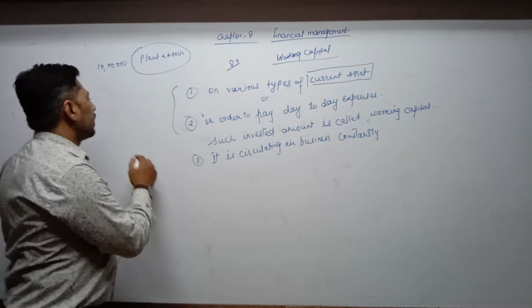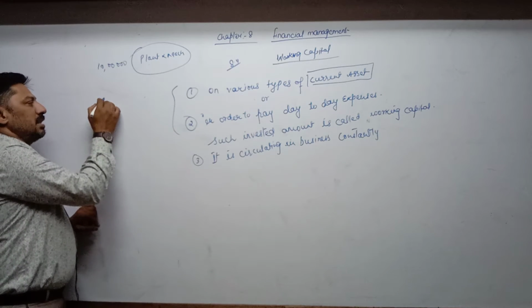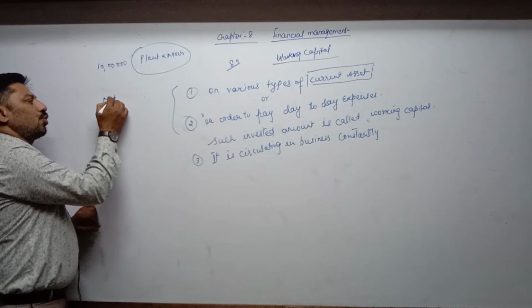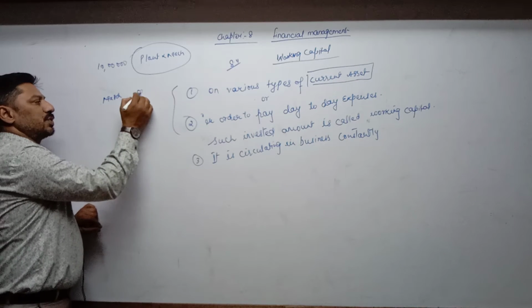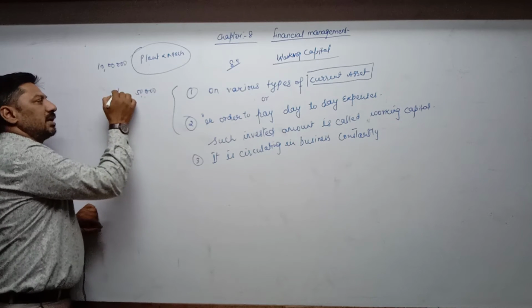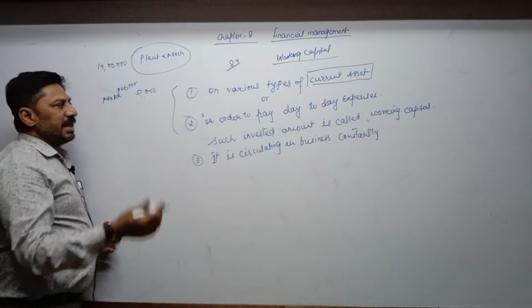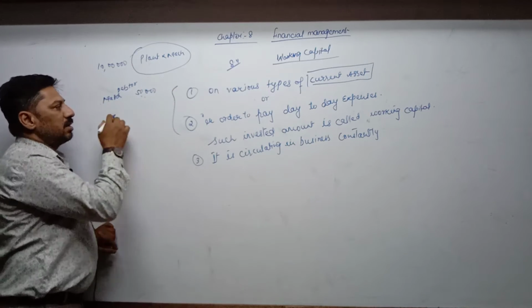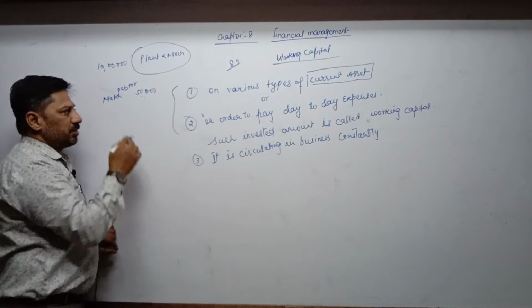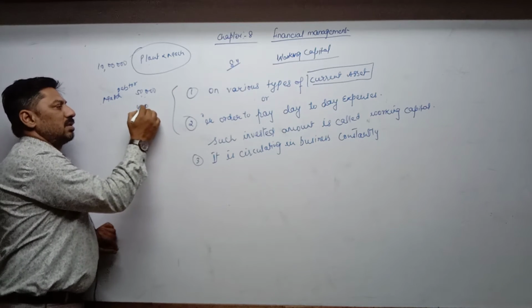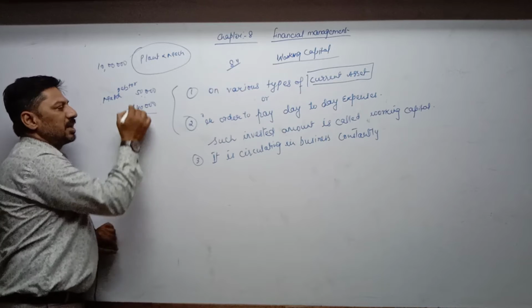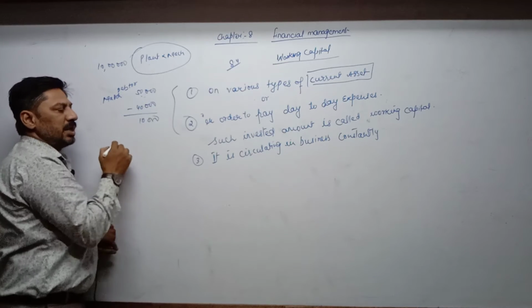For example, in the month of March, we have sold goods for rupees 50,000, which is called debtors. It means now debtors are 50,000. In the next month, from those customers, we will get our cash 40,000. So 50 minus 40, debtors remain 10,000 in the next month.